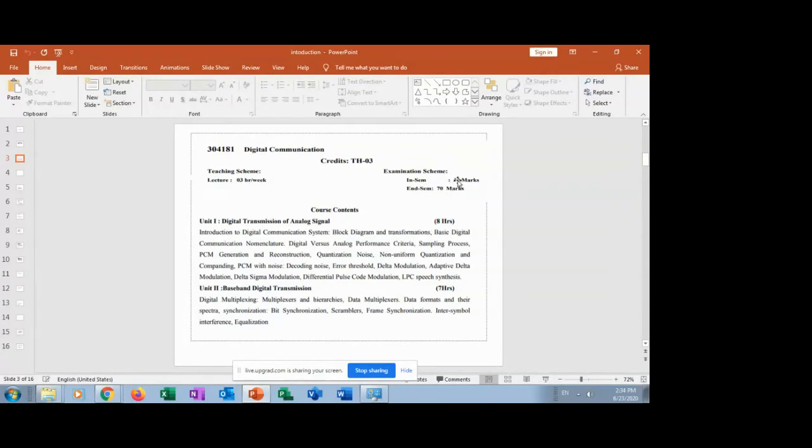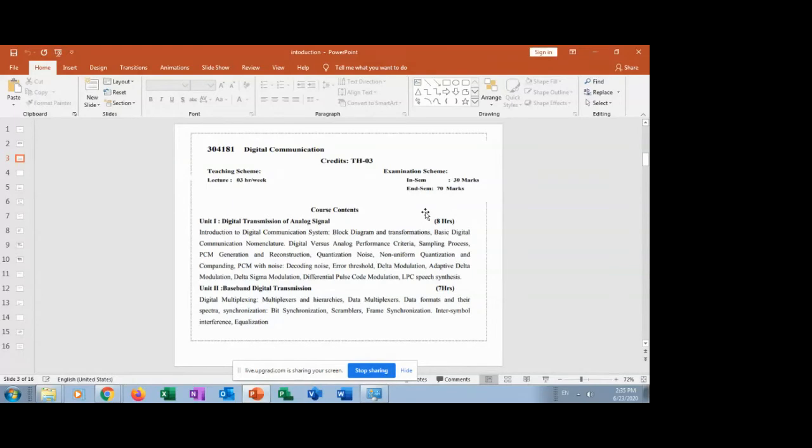The 30 marks is for the in-semester exam and the remaining 70 marks for the end-semester exam. For the 30 marks examination you have to prepare 3 units, and for 70 marks you have to prepare all 6 units. This is the overall theory examination scheme.